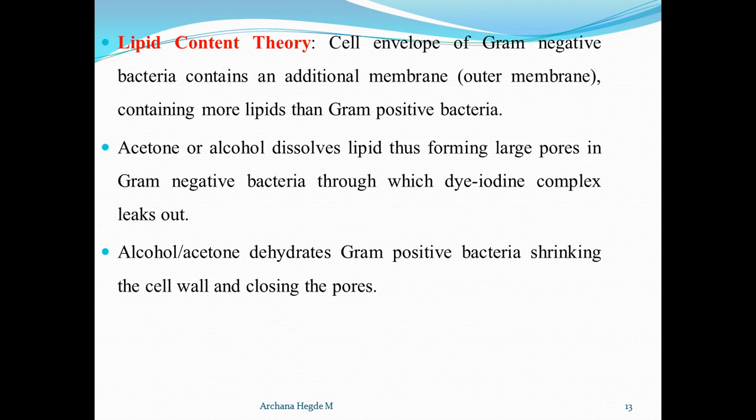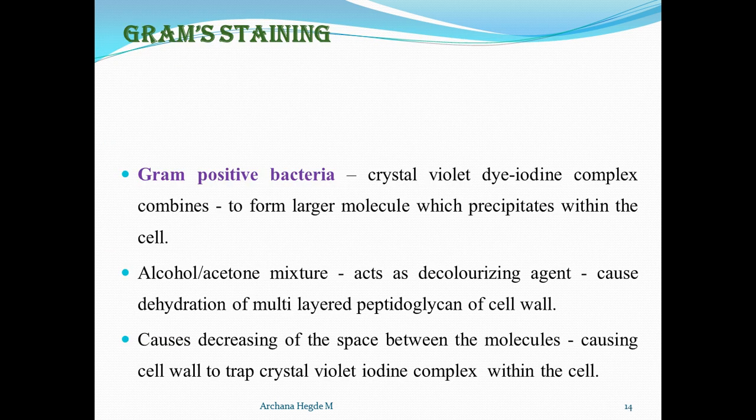When decolorizing is done using alcohol, the lipid layer in gram-negative bacteria forms large pores, hence the diiodine complex leaks out. So there will be no diiodine complex because of the decolorization. Alcohol or acetone dehydrates the gram-positive bacteria, shrinking the cell wall and closing the pores.